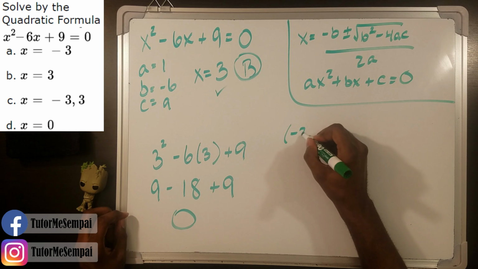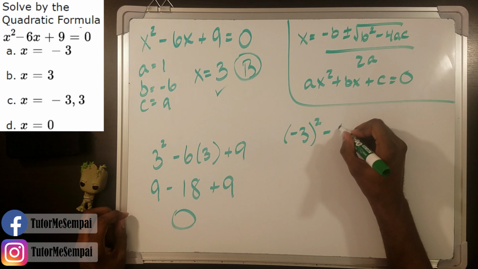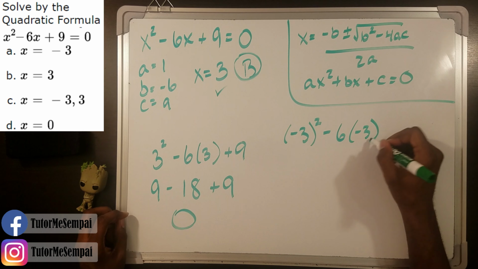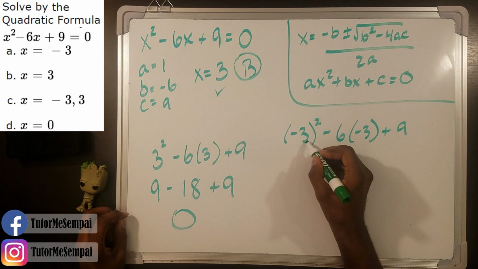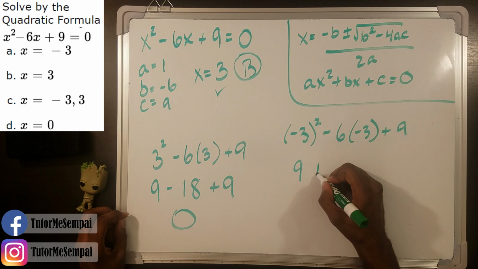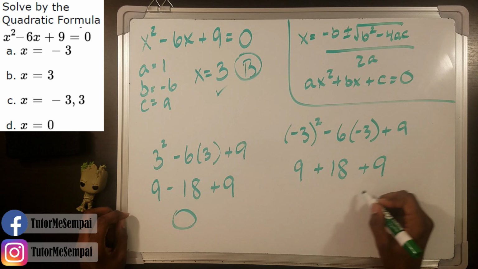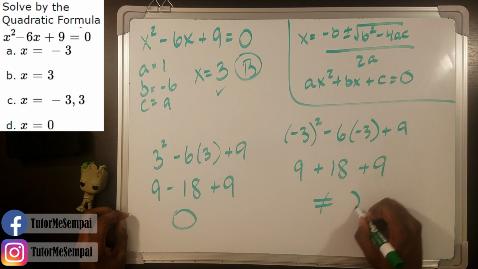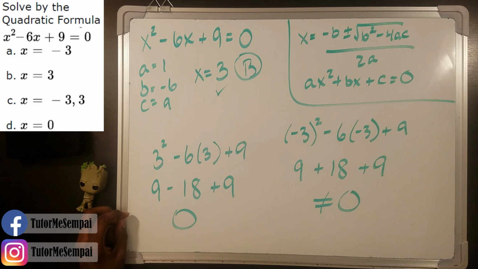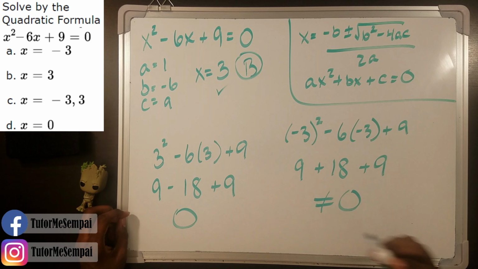If we had a negative 3 that was squared, then we subtracted a 6 times our negative 3, and then added 9, this right here is going to give us the same 9, but this right here is going to give us a positive 18. So now we're going to be adding everything, which does not equal 0. Negative 3 does not work. Our answer is indeed B, 3.